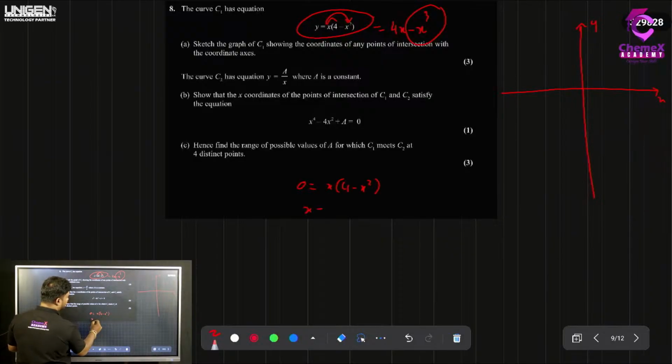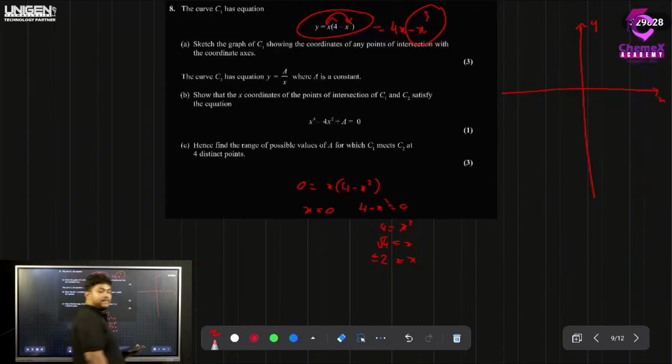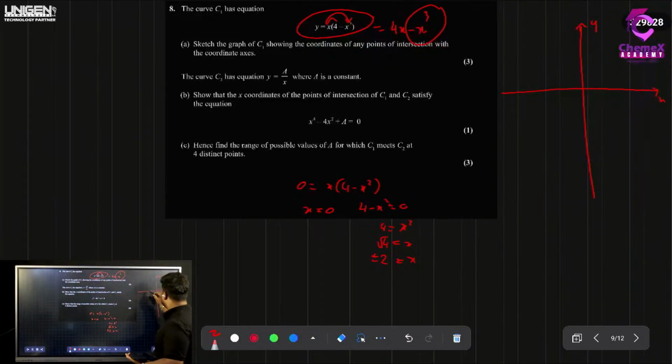Then x equals 0 or 4 minus x squared equals 0. So x squared equals 4 and you get two answers. What are those two? Plus minus 2, which means plus 2 and minus 2.